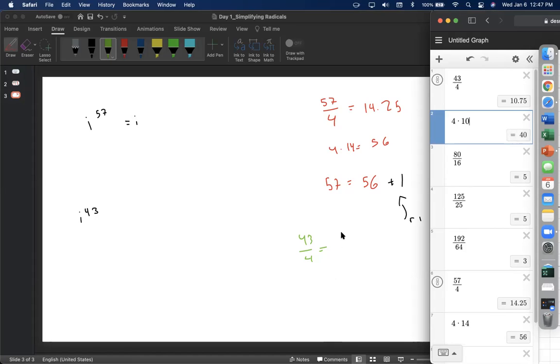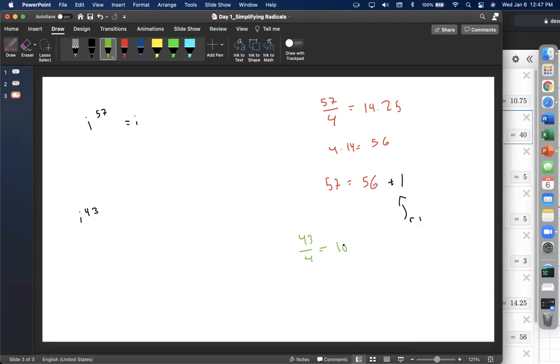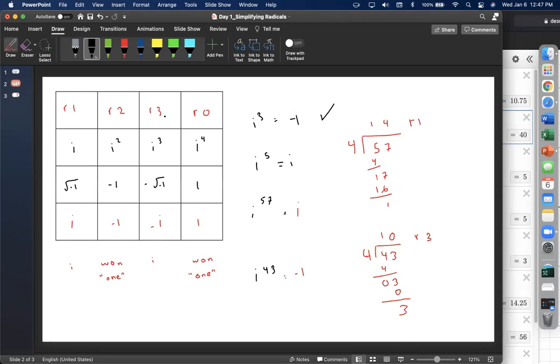That gives me 40. So that means 43 is equal to 40 plus 3, where this means we have remainder 3. Anything with a remainder 3 is going to be a negative i.